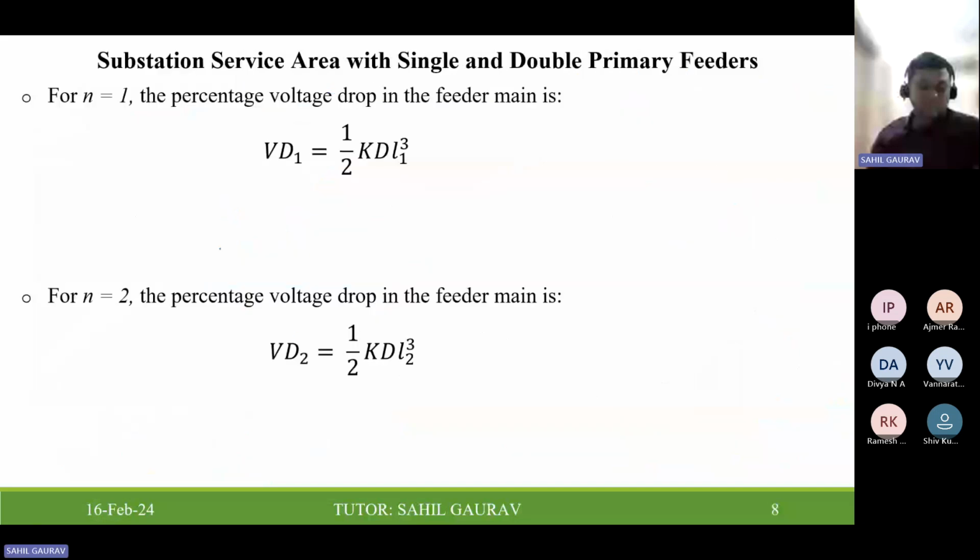That is the very basic one, and in the assignment we don't ask questions based on these single and double primary feeders. So if you see the single primary feeder, then we have the substation, and this is the primary feeder.